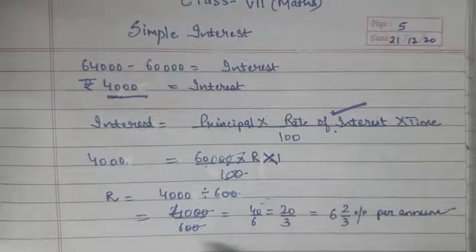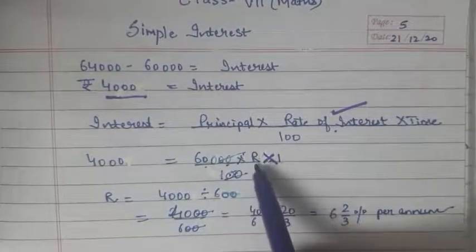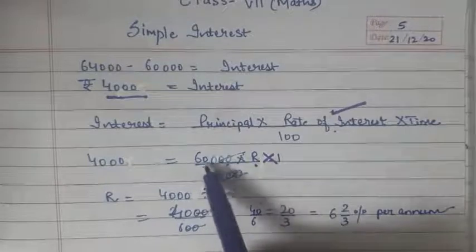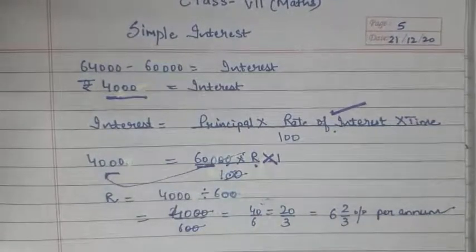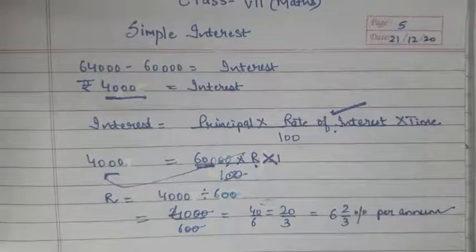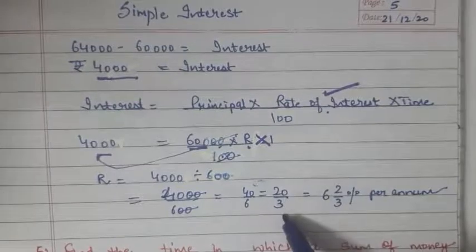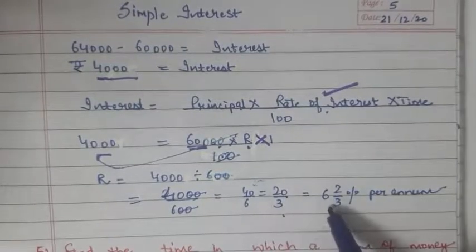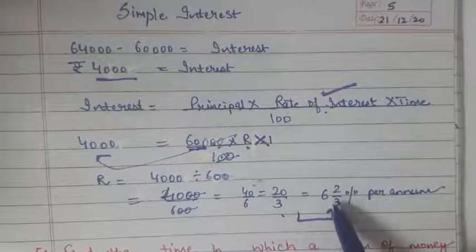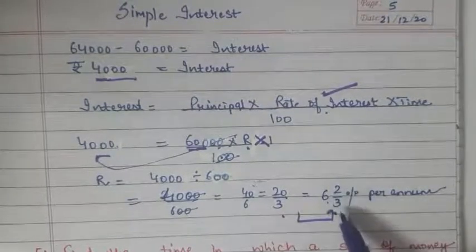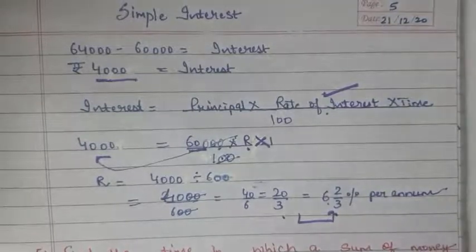So now 2 zeros cancel with 2 zeros. R will remain here and 600 will shift to that side and it will get divided. So we get 20 upon 3, which in the mixed fraction form we can write 6 2 upon 3% per annum. Clear?